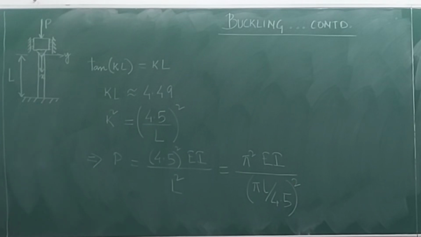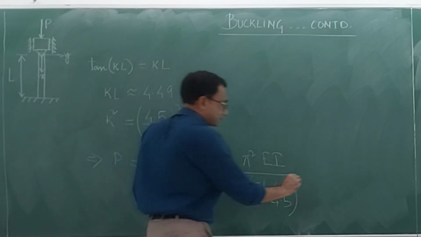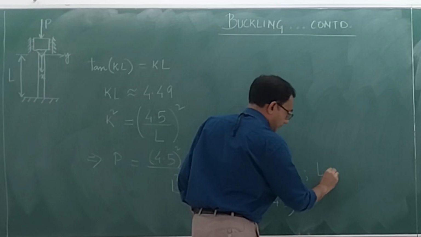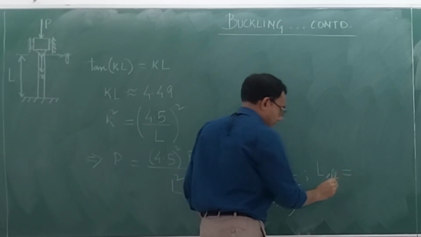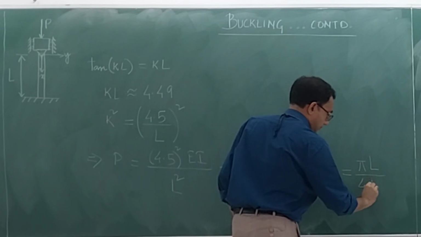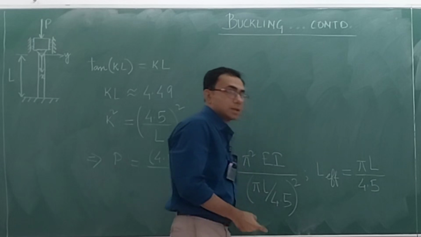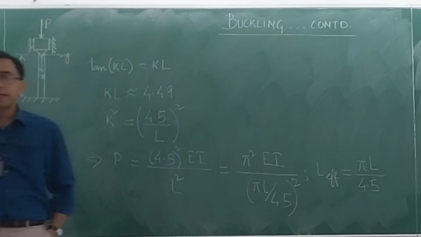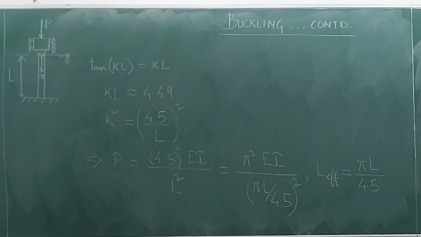And this thing, pi L divided by 4.5, that is the effective length. Please check what is this value, pi divided by 4.5, to the first decimal place correct. 0.7.